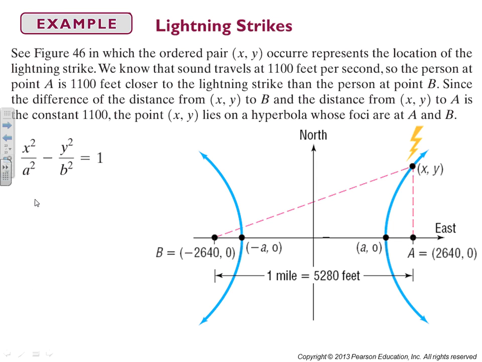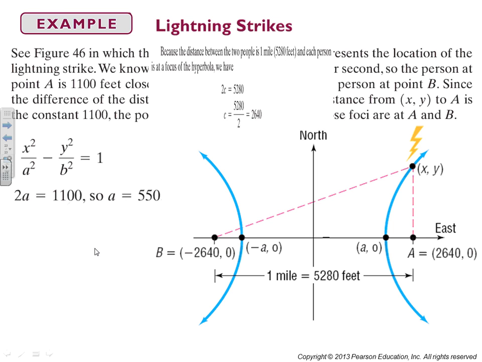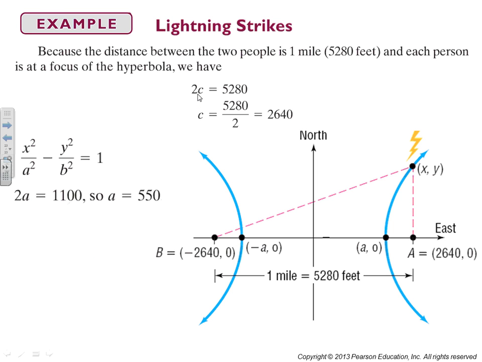So we open along the x-axis, so we have x squared over a squared minus y squared over b squared equals 1. We know that 2a is 1,100. So a has to equal 550 because 2a is equal to 1,100. 2c is 5,280, so c has to be half of that, 2,640.